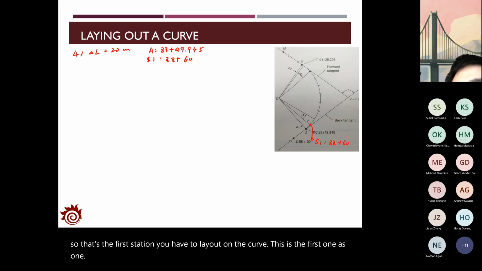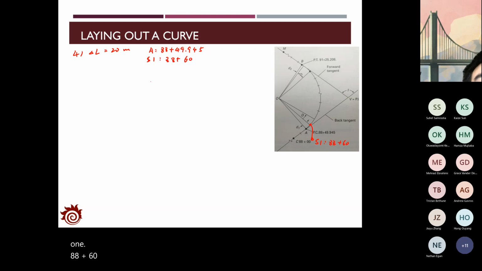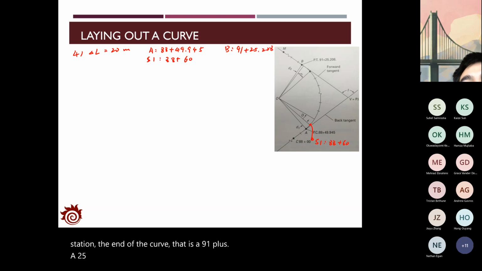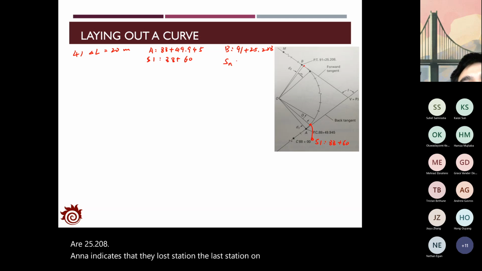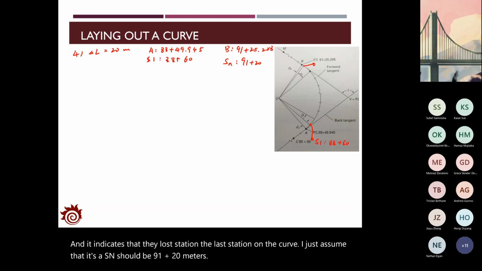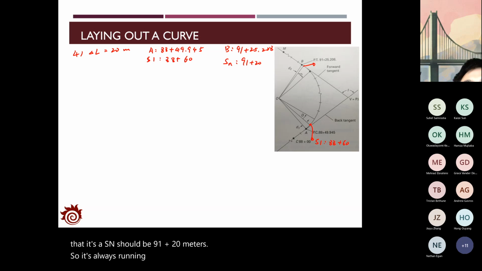88 plus 60 meters. And we also know that for point B, which would be the last station, the end of the curve, that is 91 plus 25.208. And it indicates that the last station on the curve, I'll just assume that is SN, should be 91 plus 20 meters. So it's always running at every 20 meters.